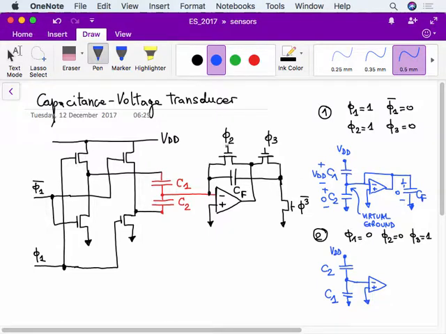Now what happens is that phi2 is 0, so this MOSFET is off, but phi3 is 1, so this other MOSFET is on, which means that CF is between the negated input and the output. So CF now is in this position, like here, and of course this is the output of the operational amplifier.